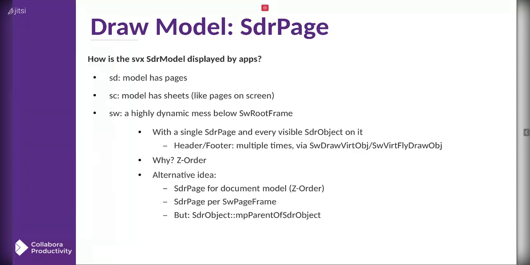There would need to be some changes there, either some special casing of the document model draw page somehow, or another solution would be to simply put only virtual objects on the SDR page per SW page frame, so that every object that is actually painted is a virtual object. That might also work. Well, I haven't thought about this in detail. That's just an idea at this point.